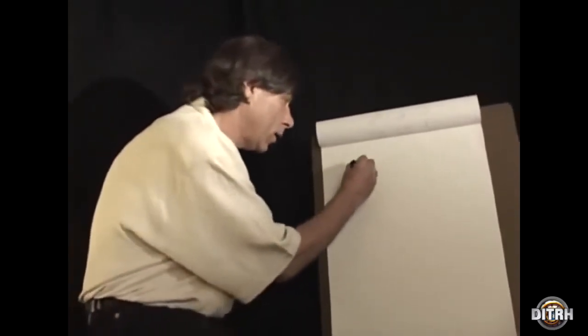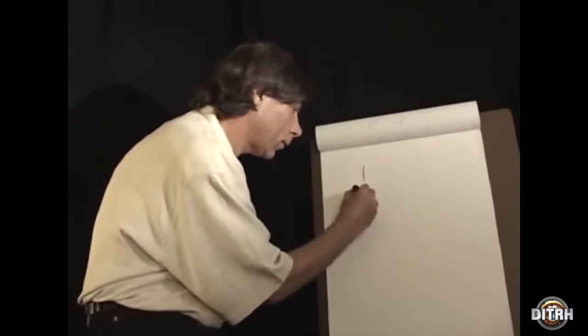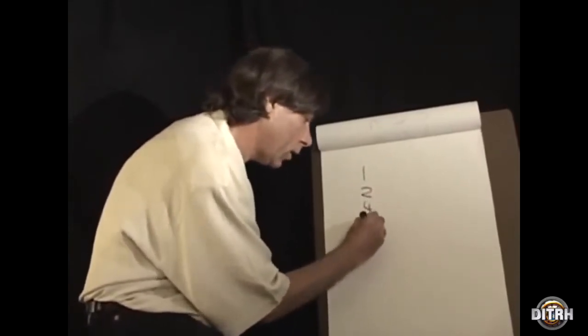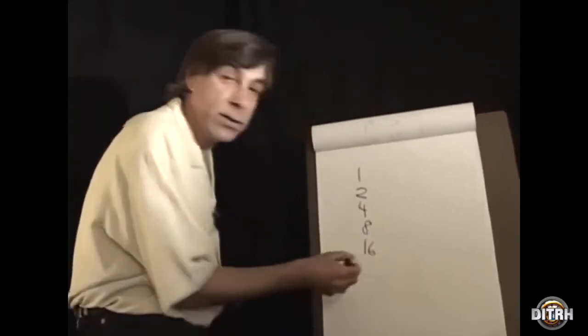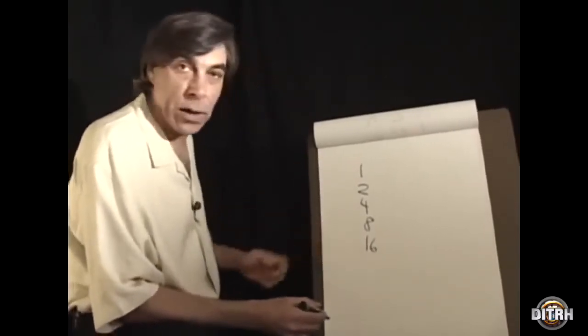The modern computer designers, as well as the ancient Egyptians, were aware of a mathematical fact that any number can be shown to consist of the sum of powers of 2. What I mean by that is if we write the powers of 2, 1, 2, 4, 8, 16, and so forth, you notice there's a doubling going on.